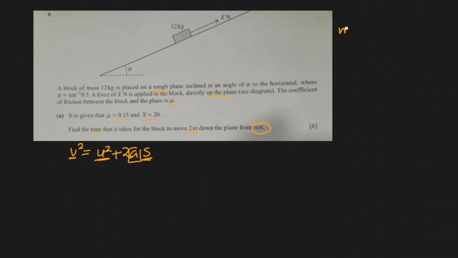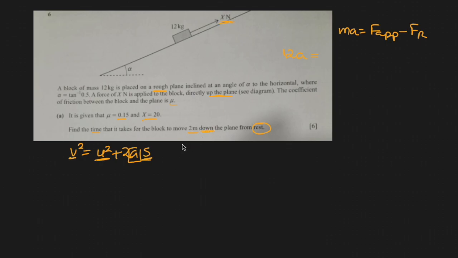We know that net force, which is mass times acceleration, is the applied force minus the resistive force. The mass of this particular block is 12 kg. Acceleration we want to find out. The applied force is this x newton, but we will not take it as this. Why? Because it's moving down.